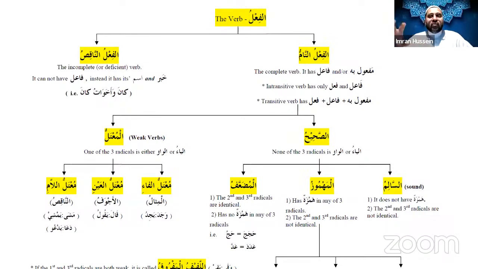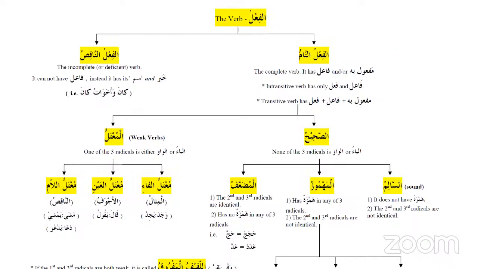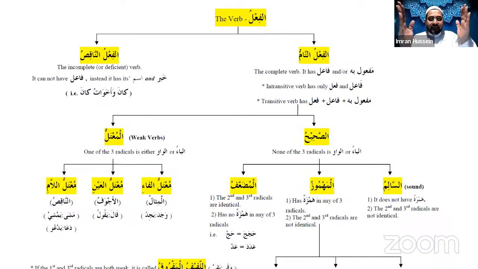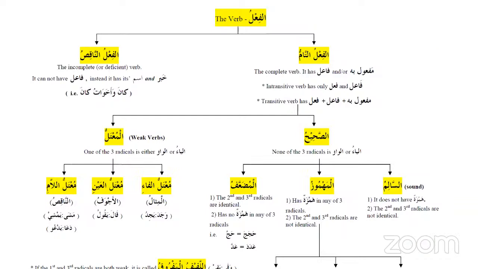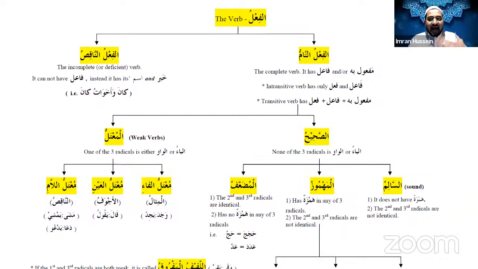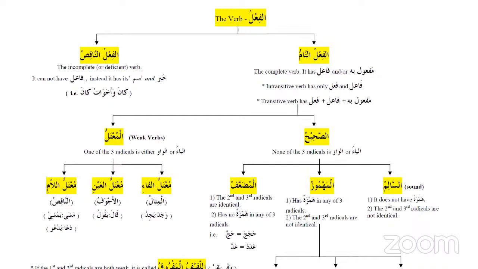And when we say the teacher is new, we're indicating it in present tense. And whenever you have two nouns, the first noun is called mubtada and the second noun is called khabar. In English, subject and predicate.